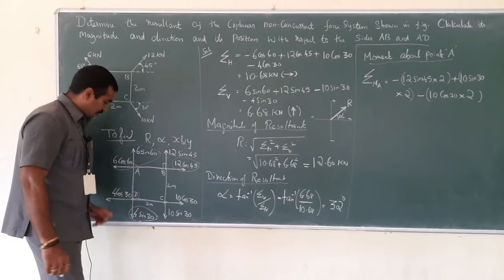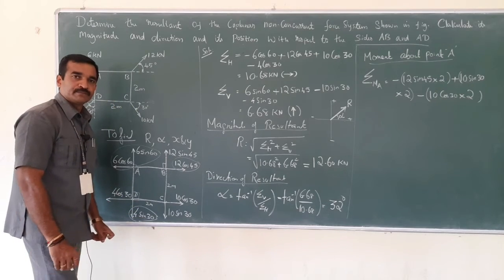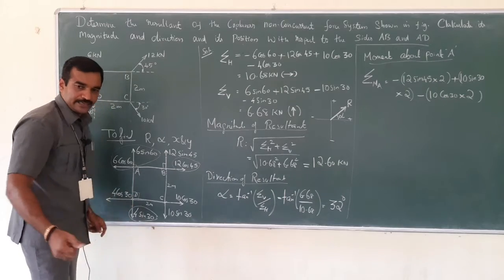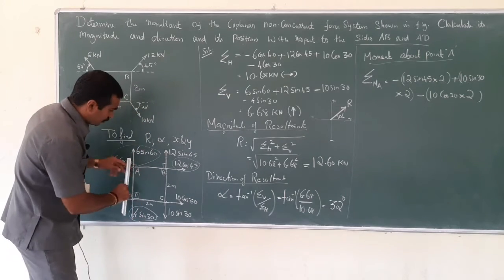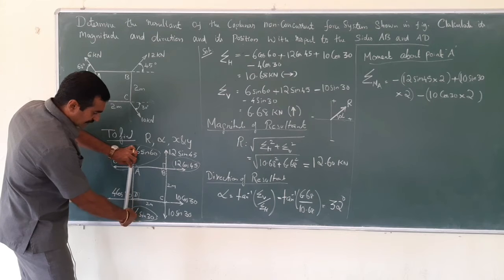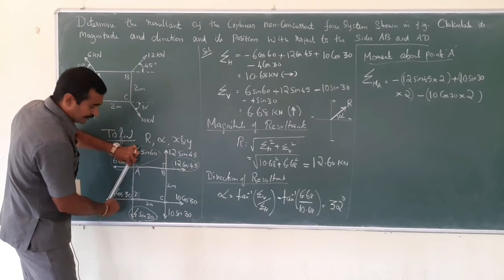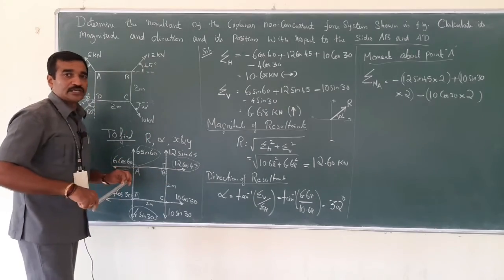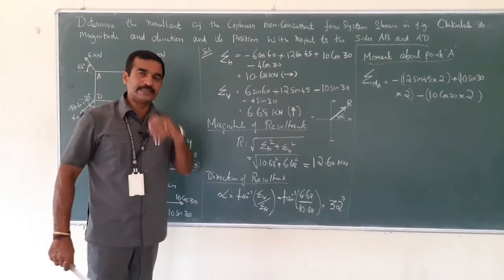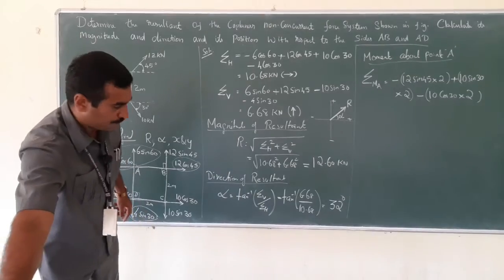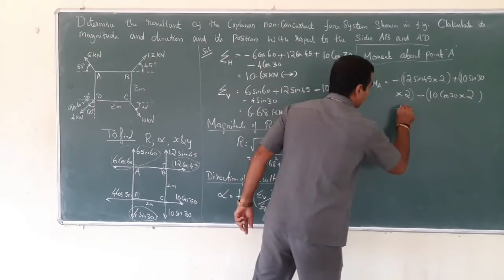And look at this 4 cos 30, which is acting in this position, right? So now the force is acting in this direction. The moment will have a tendency to rotate the object in the clockwise direction. The sign convention for the moment in the clockwise direction is positive, right? So positive sign.